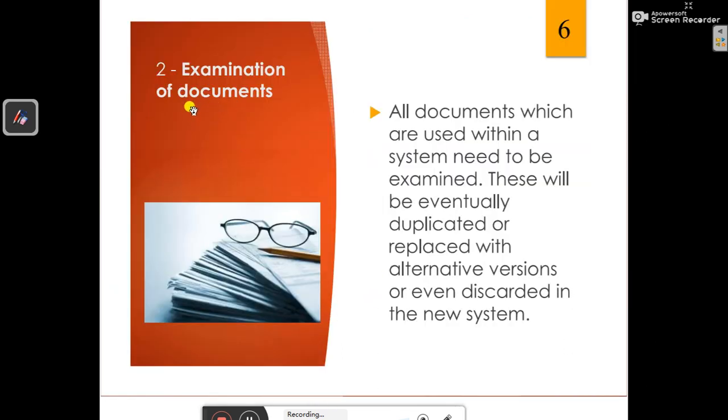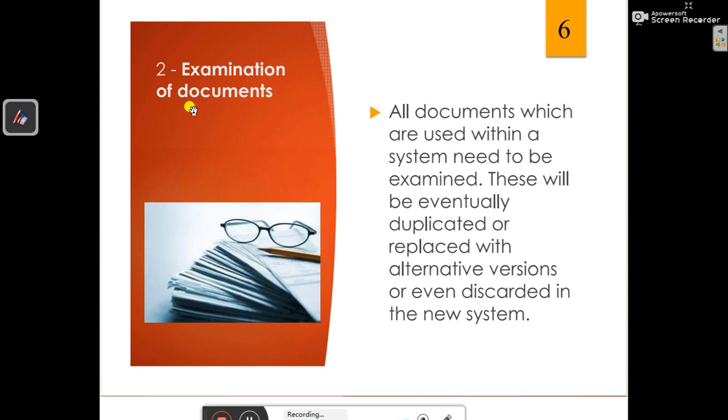The second method is examination of documents. Documents are those related to the system. All documents which are used within the system need to be examined in this method. These may eventually be duplicated, replaced with an alternative version, or even discarded in the new system.